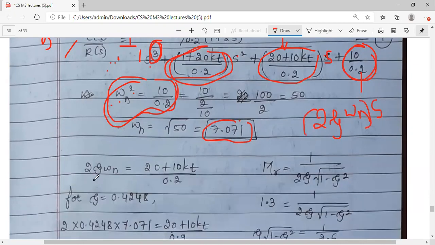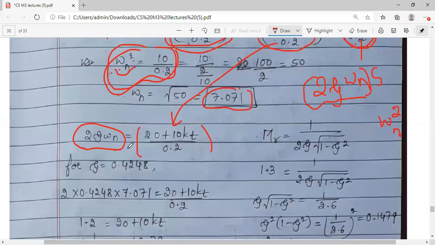So I have compared it, 2 zeta Wn is equal to this coefficient of s. For this third order system you do not need to find the standard equation. By similar analysis it is found that the coefficient of s will be similar to 2 zeta Wn, and the last one, the constant, will be Wn square. With that analogy we can take this Wn square directly as the constant, and the coefficient of s as that.